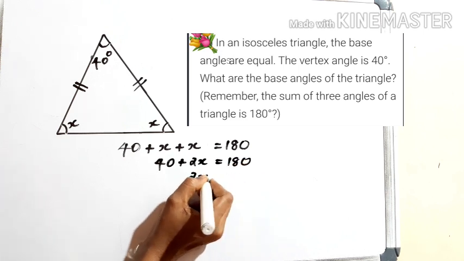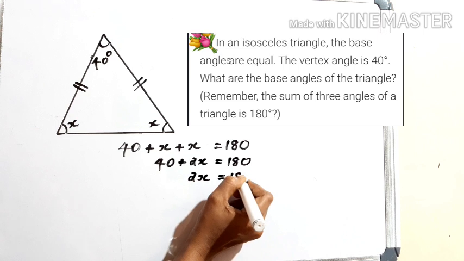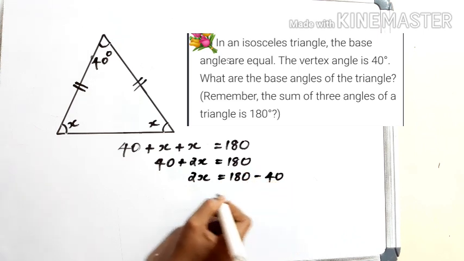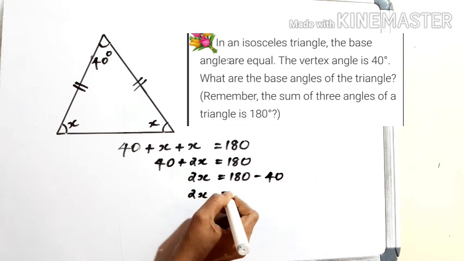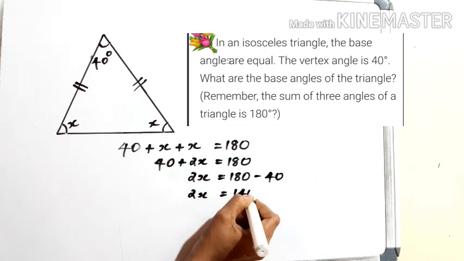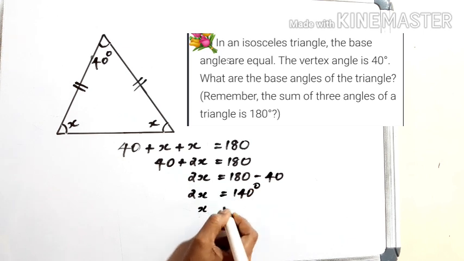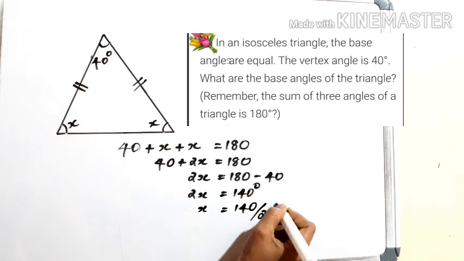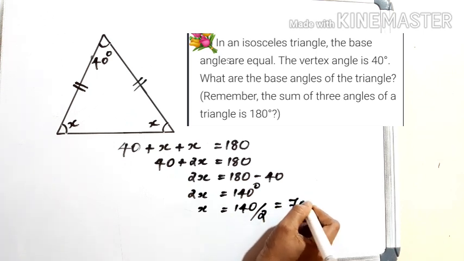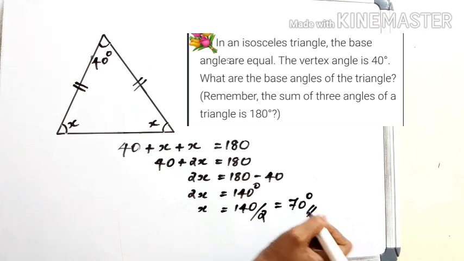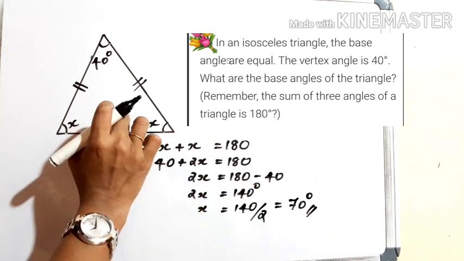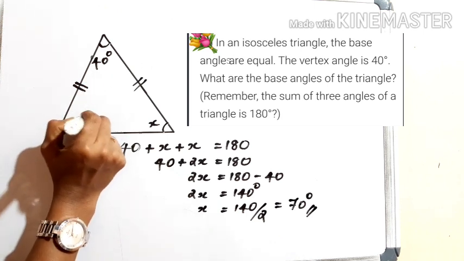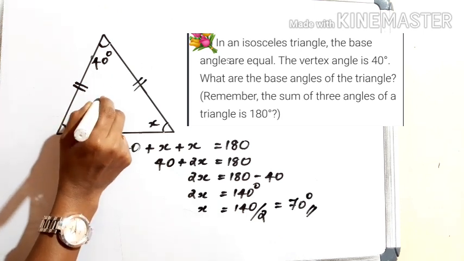Then 2x degree equals 180 degree minus 40 degree, right? 2x equals 140 degree. x equals 140 degree divided by 2 equals 70 degree. Listen carefully, children. Here base angles are 70 degree each. Clear now?